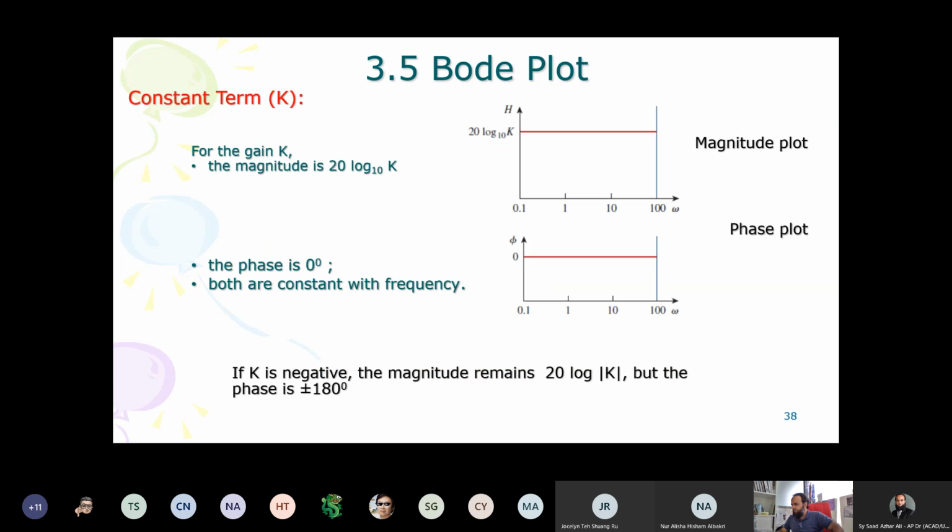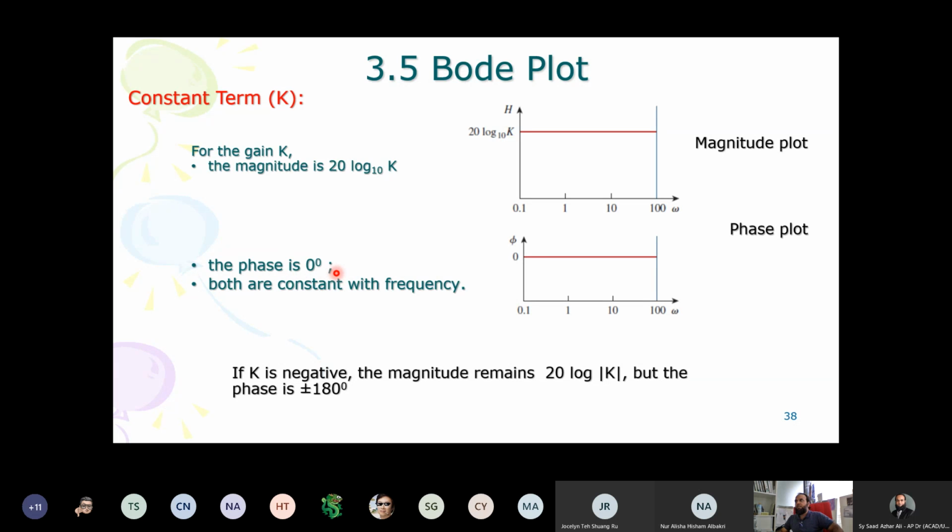So just a reminder that for the constant gain, the magnitude is 20 log 10 of that particular number. Whatever the number is, we just put it here, take the log and multiply by 20. It will appear for all frequencies. And the phase is 0 for the constant term.